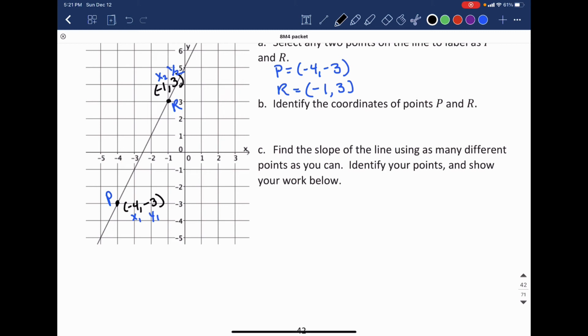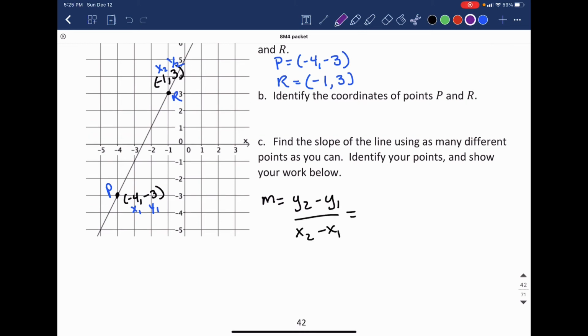So we're going to do m equals y2 minus y1 over x2 minus x1. So identify the coordinate points of P and R. So we're just going to label these. So (-4, -3) for P. This is going to be our x1, our y1. And then for R, (-1, 3), this is our x2, y2.